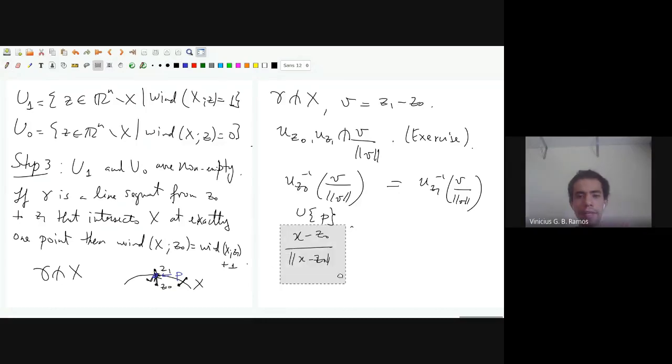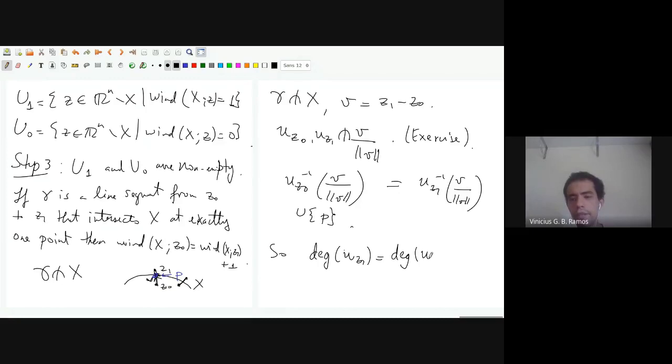Okay. And clearly, everything else on X you're going to have the same. If it's in z0, it's going to be in z1 as well, in this direction given by v. So then you have one more point in this one. So the degree of u_z1 is equal to the degree of u_z0 plus 1, mod 2.